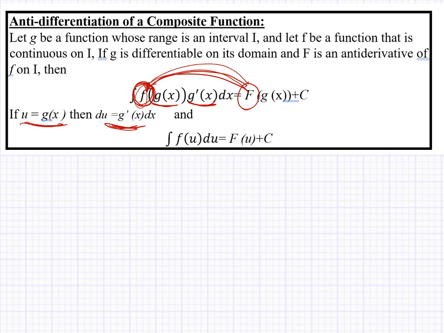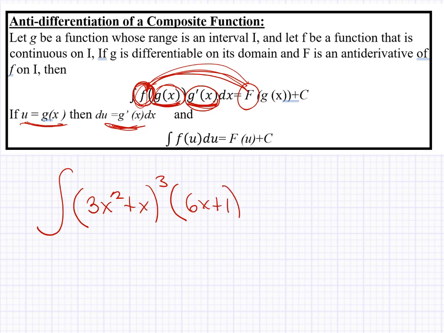So how are you going to do that? Well, when you look at an integral, you're going to have to see that there are two functions inside your integral. One is the derivative of the other. So if I gave you something like the integral of (3x squared plus x) cubed times (6x plus 1) dx, you should clearly see that this function is the derivative of this function right here.